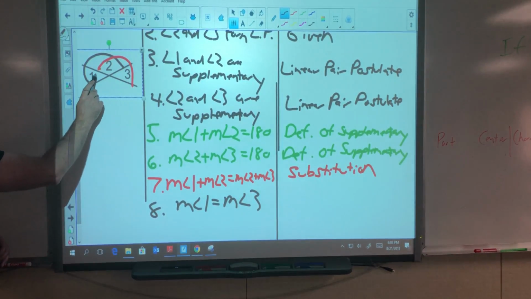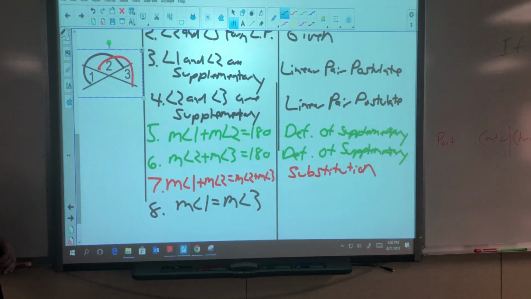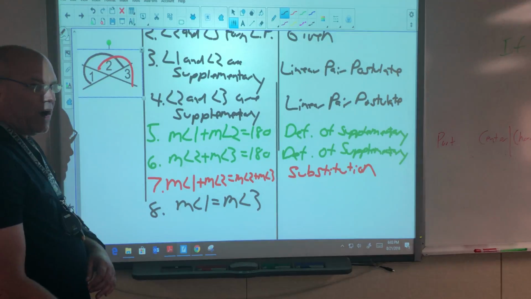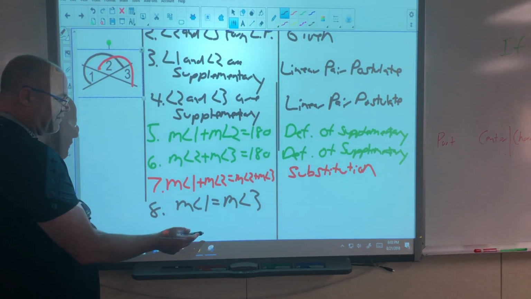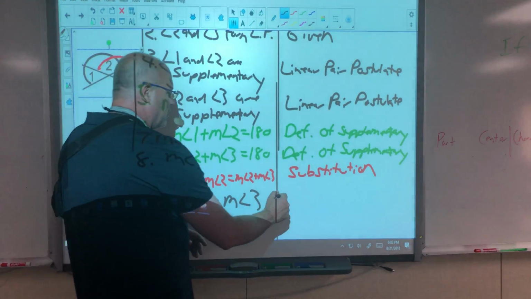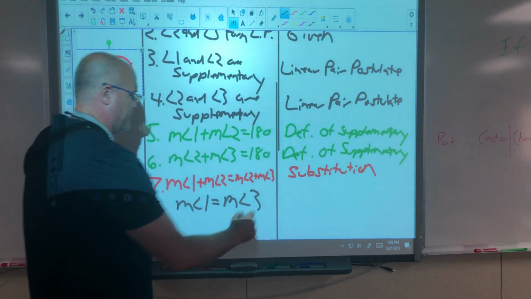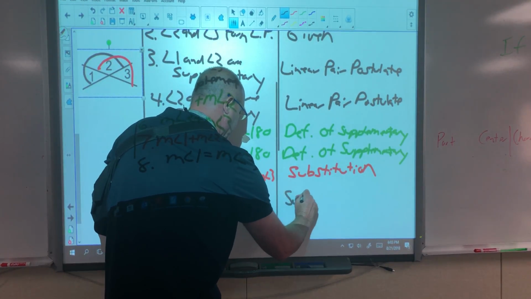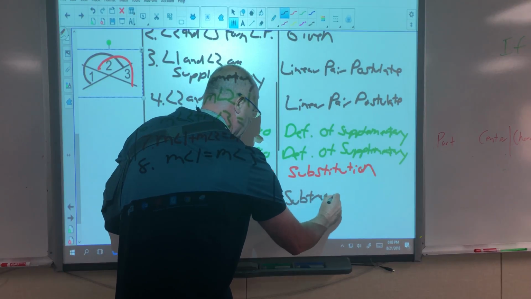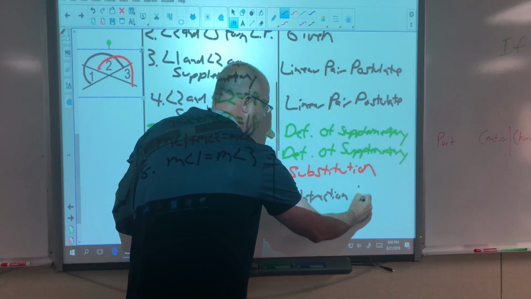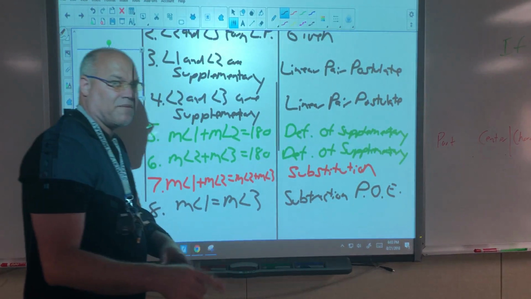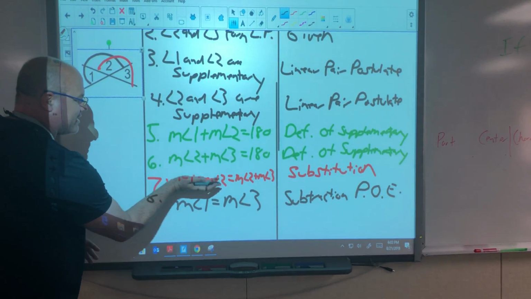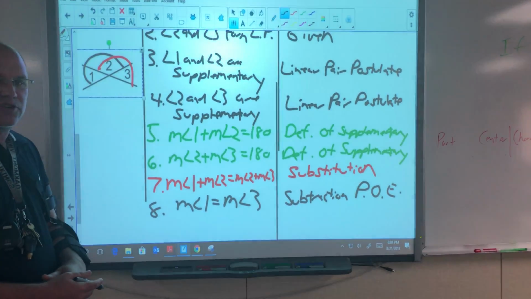Aha! The vertical angles are equal. Their measures are the same. And why was I able to say that? Why can we go from here to here? Justification for that? Subtraction property of equality. Not just subtraction. Property of equality means I subtracted the same thing from both sides of the equation.